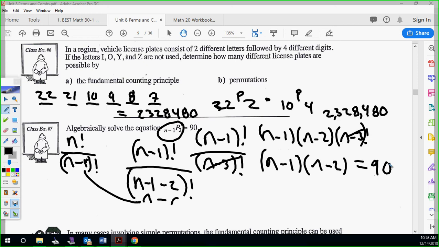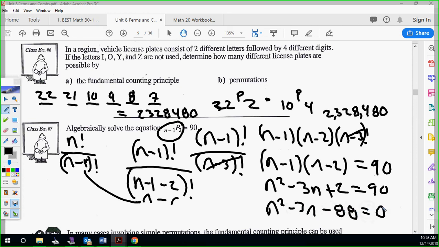And now you just want to FOIL that out, and we want to try to factor it. Who knows factors of 88 that are 3 apart? It's pretty easy. 11 and 8. Good job, Bobber.